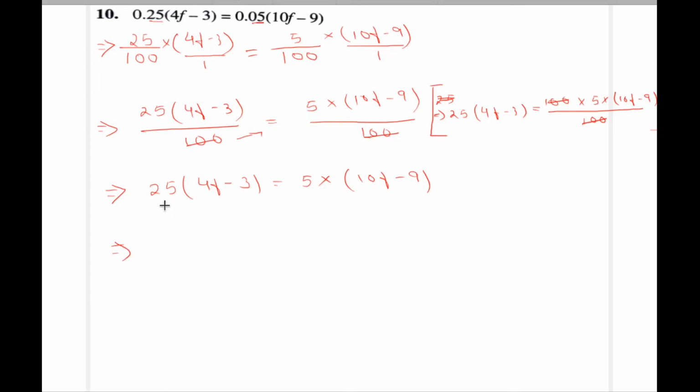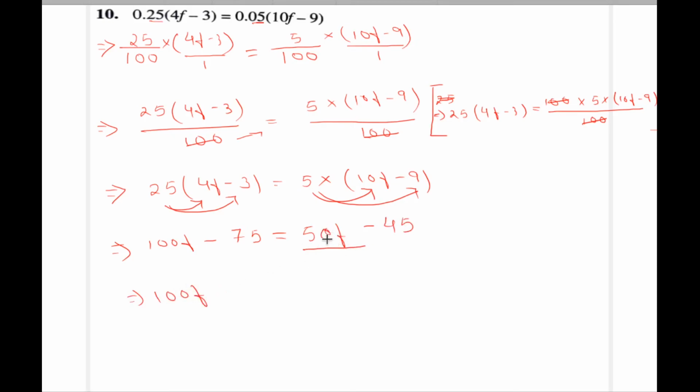Okay. Now 25 multiplied by 4f is 100f, minus 25 multiplied by 3 is 75. 5 multiplied by 10f is 50f, minus 5 multiplied by 9 is 45. So now we have to bring the variables together.